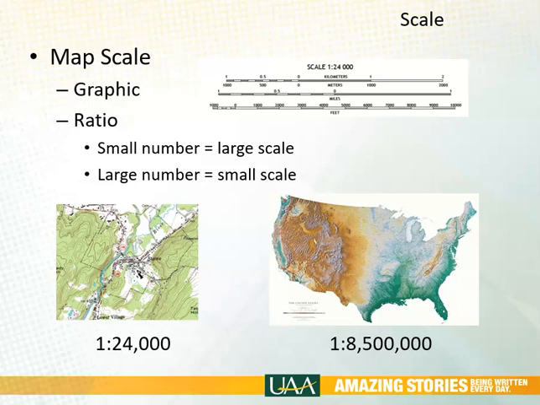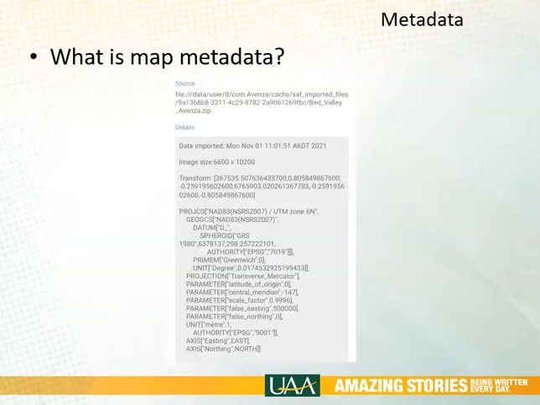So all of these things, like maybe not scale, but at least the projected coordinate system and the type of projection and the ellipsoid, are going to show up in your map's metadata. And in the first assignment that you are doing, the first project, you're going to be looking at metadata like this, that is going to show you, if you work your way down this, that the projected coordinate system for this particular map is UTM Zone 6 North, using the North American Datum of 1983.